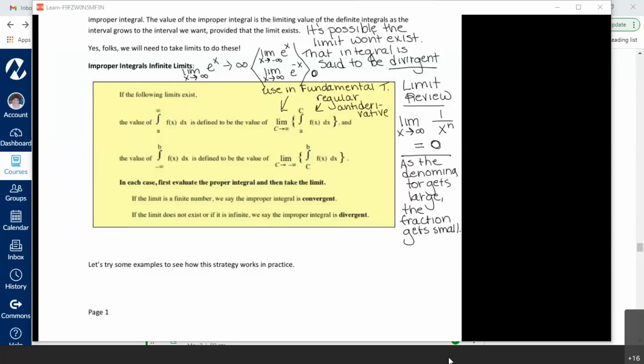Then you actually have to take a limit. I want everybody to understand we're not doing anything different with the integration. It's the evaluating at the bounds where the limit stuff comes in.